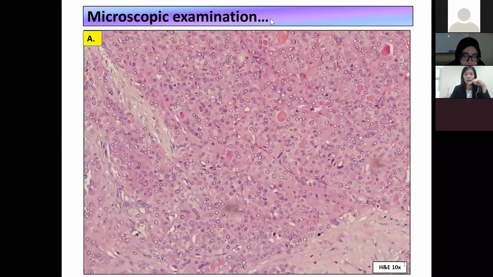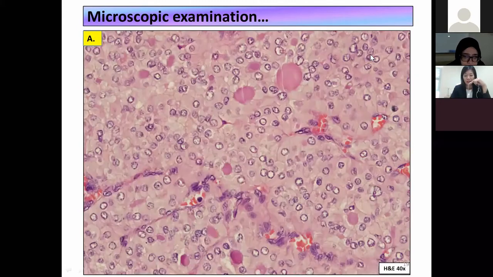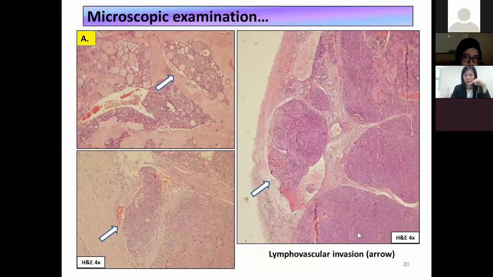More solid areas, and in some areas they show follicular patterns, right? If you can appreciate, the cells are rather uniform with very mild anisonucleosis. They have abundant eosinophilic cytoplasm. Lymphovascular invasion is very easily recognized.